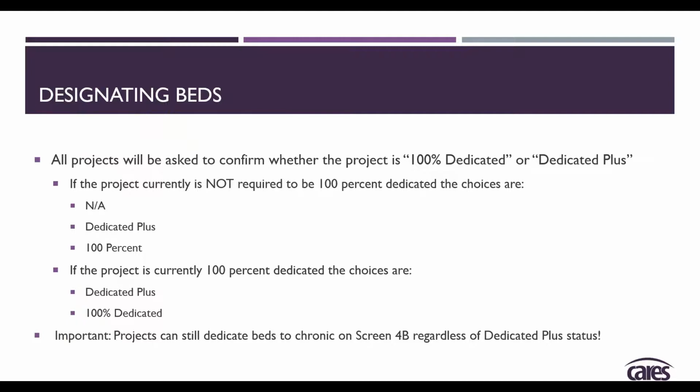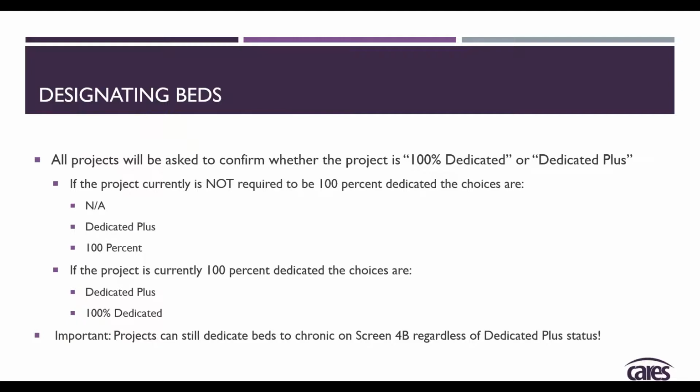You're not going to become dedicated plus, and you're not going to change your program to be dedicated 100% chronic. If your project is currently 100% dedicated, your choice is to use the dedicated plus designation, or just keep it 100% dedicated.